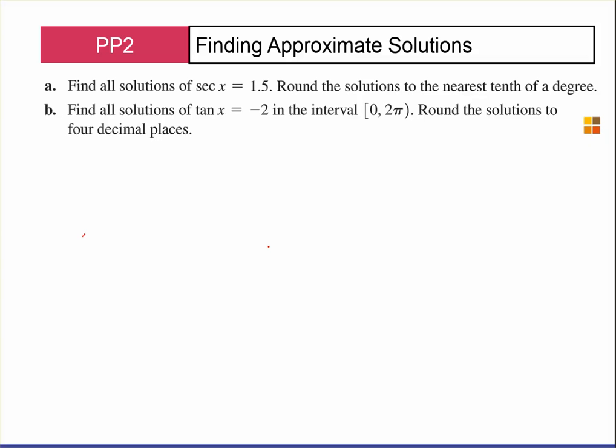First we need to find all the solutions for secant of x is equal to 1.5. Whoa, that's fun. Round the solutions to the nearest tenth of a degree. Now notice B. Find all the solutions of tangent of x is -2 in the interval 0 to 2 pi. Phew, great. Finally we have ourselves a domain we're working with. And that's it, just those numbers we've got to look at.